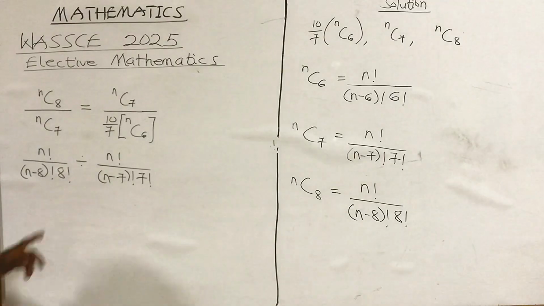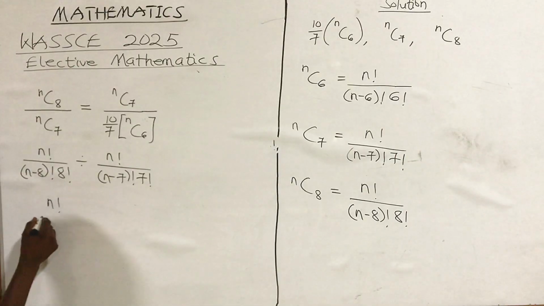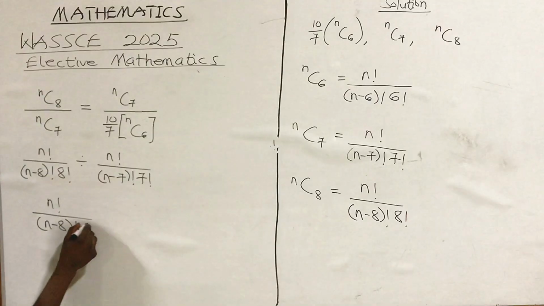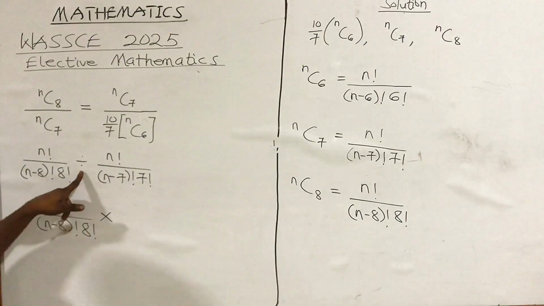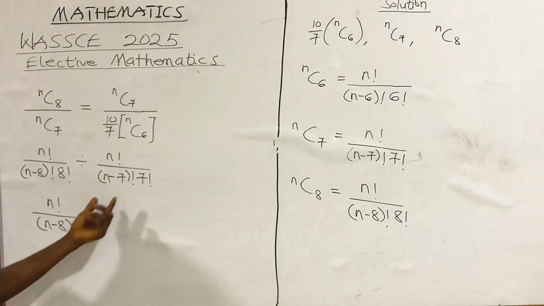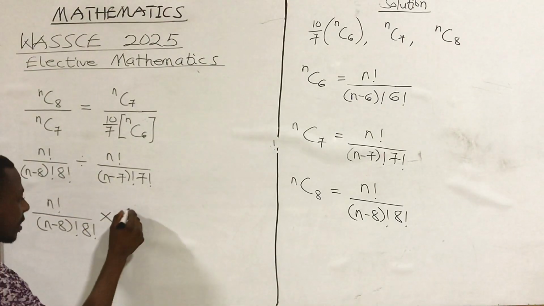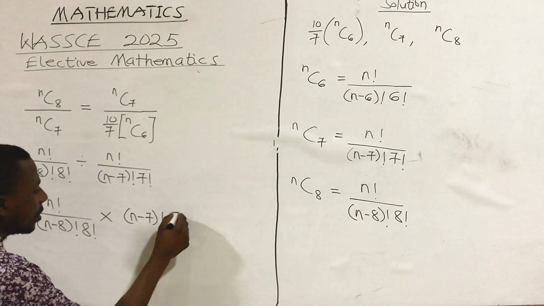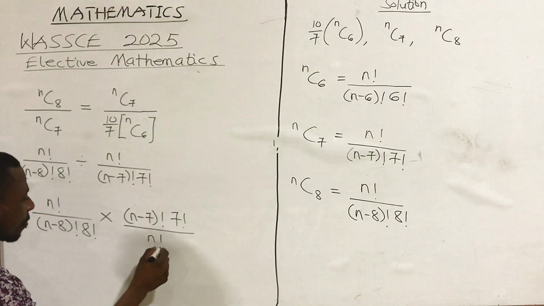Anytime we are dividing two fractions, we maintain the first one. So we have n factorial over (n minus 8) factorial, 8 factorial. Then the division sign changes to multiplication. This moves up, then this one will come down, giving us (n minus 7) factorial, 7 factorial all over n factorial.